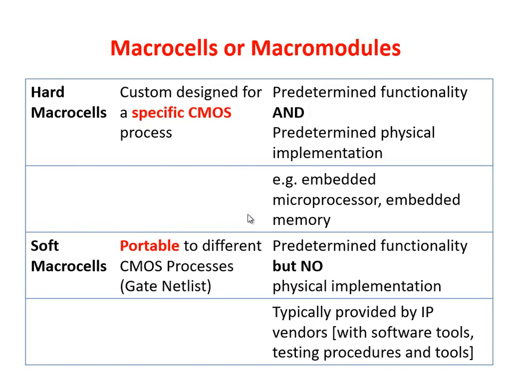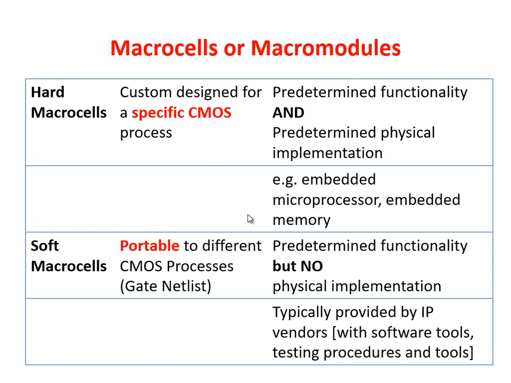No, it's not the only solution for embedded microprocessors, but if you want to maximize the performance of a microprocessor which is sold as a macrocell, you need to custom design it for a specific CMOS process. The other option is to sell a macrocell which is portable to different CMOS processes.